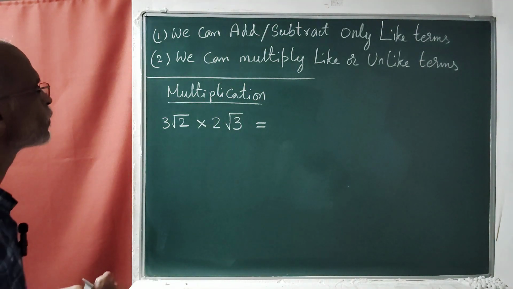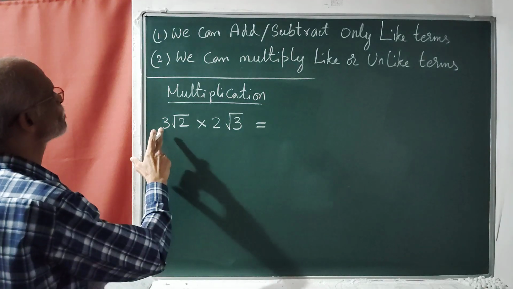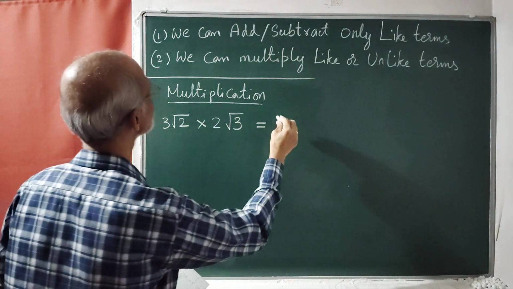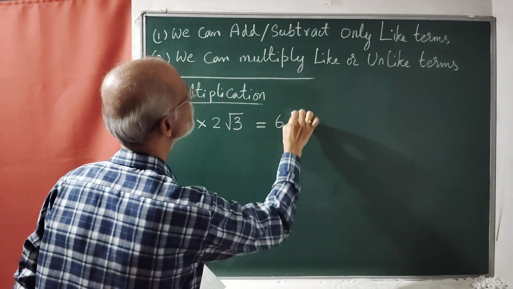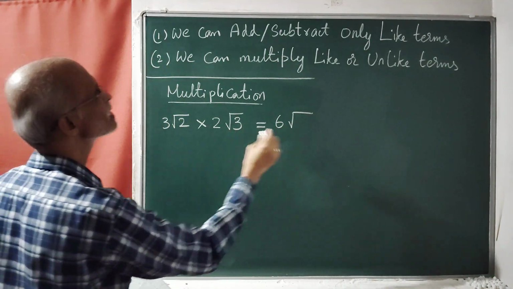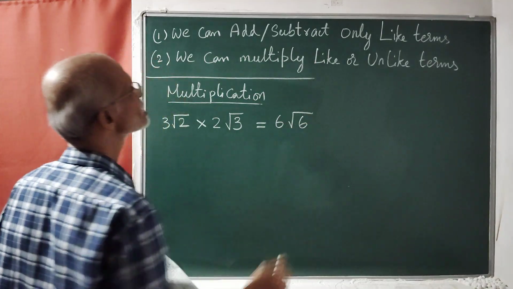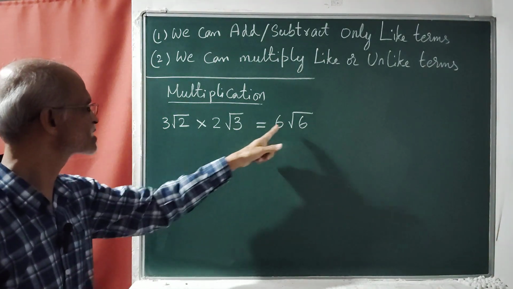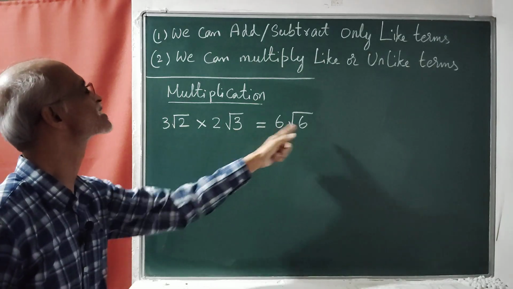What do we have to do? We have to multiply the outside number with the outside number: 3 twos are 6. Then we multiply the inside number with the inside number: 2 threes are 6. So we get 6 root 6. 3 into 2 is 6, 2 into 3 is 6.